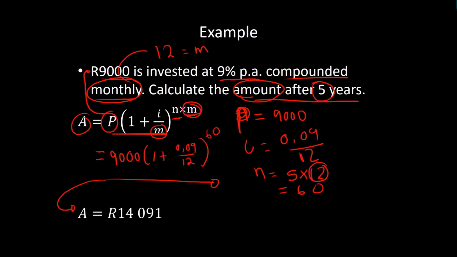When we do that, we get an interest rate that matches the number of times compounding happens. So if we multiply n by 12, we've got to remember to also divide I by 12. Those are some of the important concepts that we learn when we deal with compound interest.